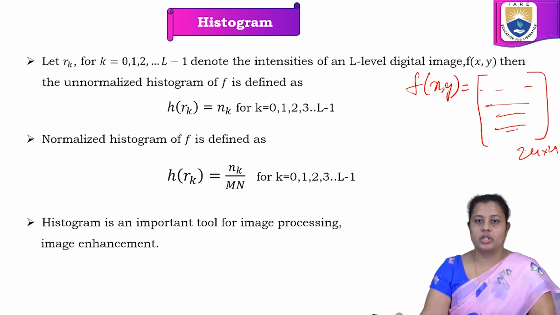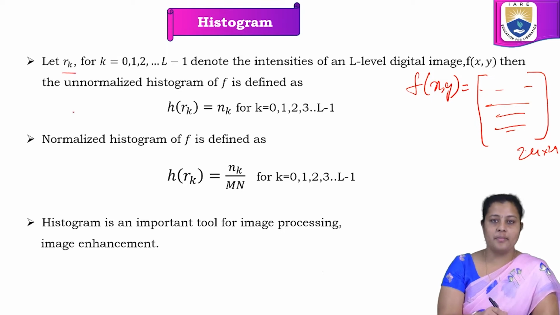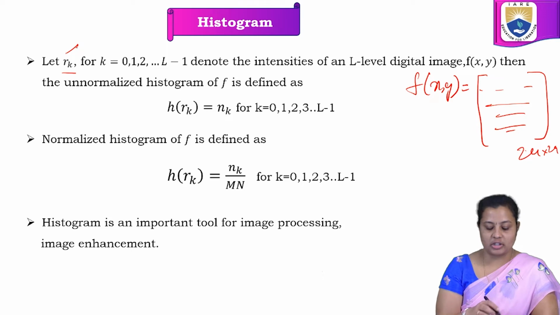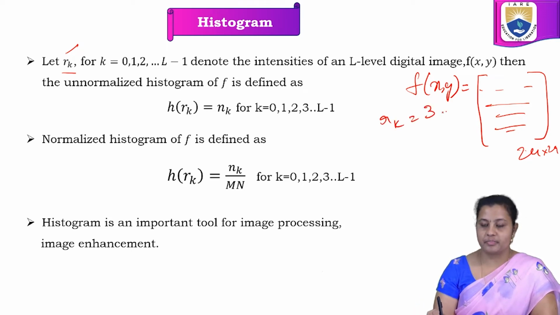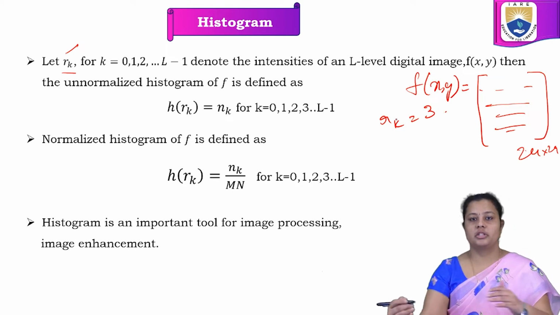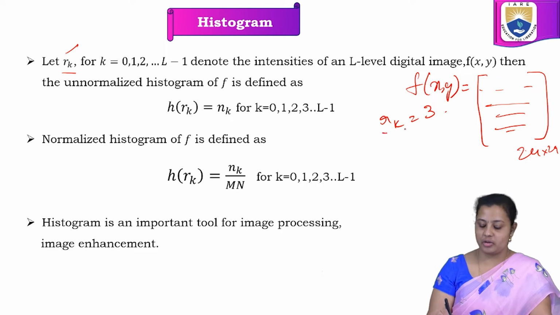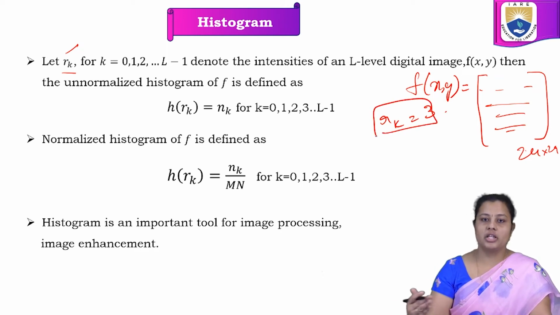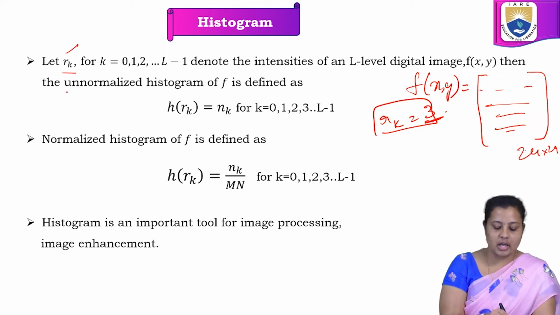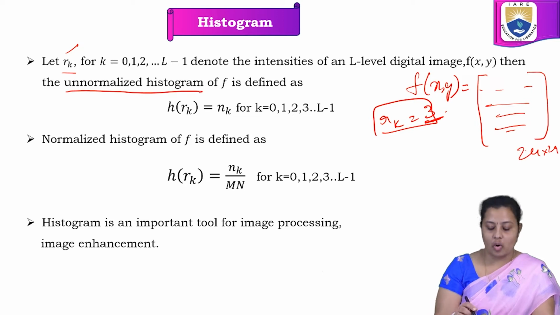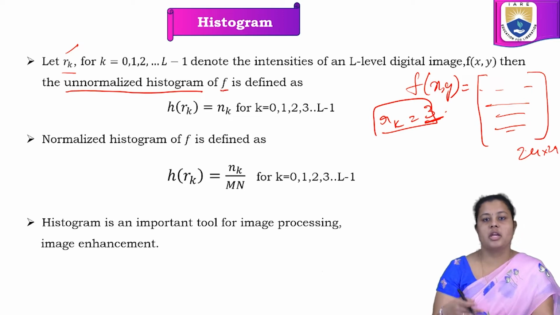If r_k is the intensity value, say r_k equals 3, then I count the number of pixels having the same intensity value 3. That is called the unnormalized histogram of the image f.